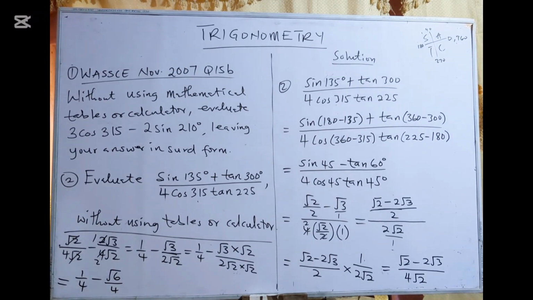So our answer can be 1 over 4 minus root 6 all divided by 4, or 1 over 4 minus root 6 over 4. We can write as a single fraction because they all have the same denominator of 4. Then 1 minus root 6. So this can be our answer: 1 minus root 6 all divided by 4, or 1 over 4 minus root 6 over 4.